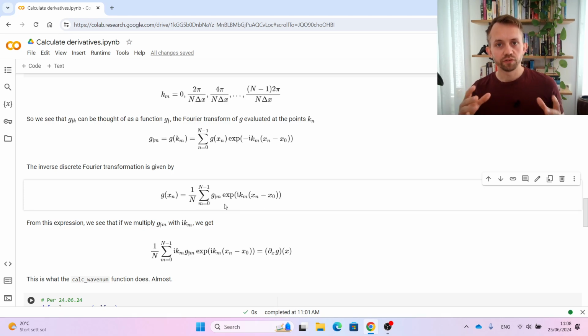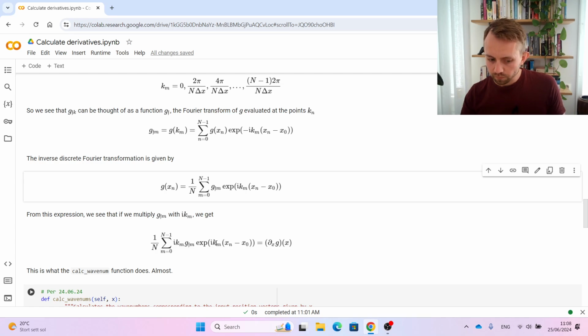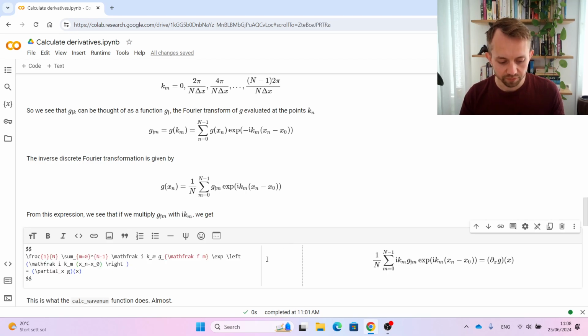But of course, if I have a sum of functions and I replace each of those functions in the sum by the corresponding derivatives, then I should get back the derivative of the function on the left, because differentiation is a linear operation. So what I can argue is that if I multiply by ikm, then I just get back the derivative of g evaluated at xn. So it should be xn here.